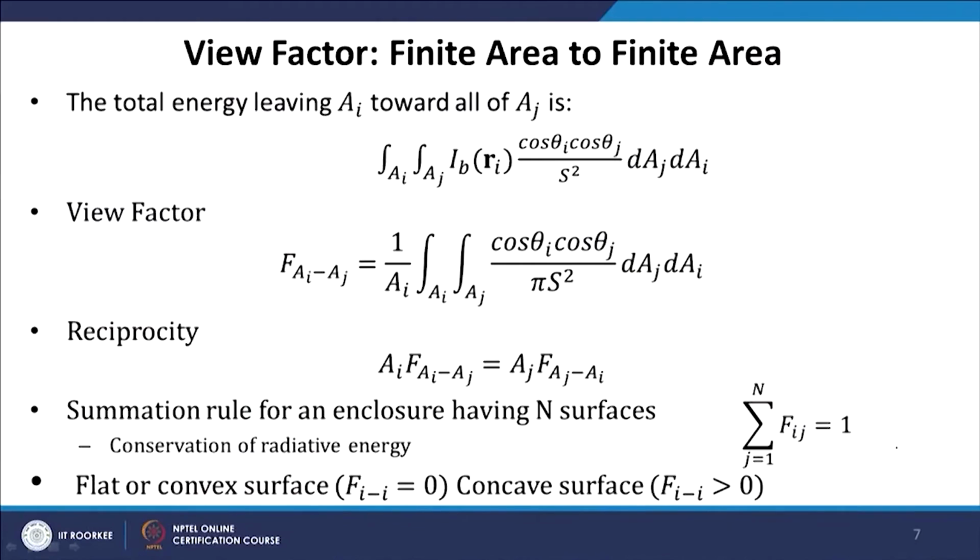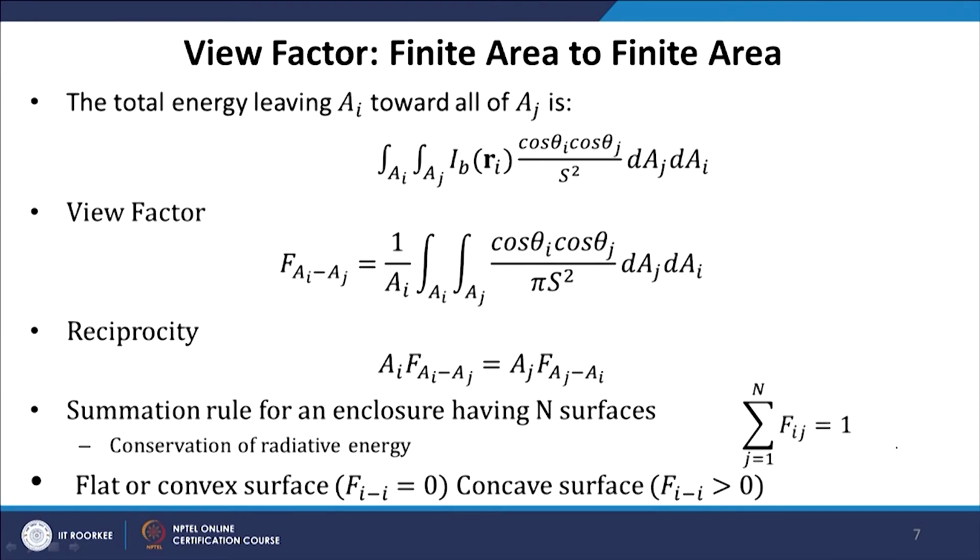Now, just like the view factors between an infinitesimal area and a finite area, we can calculate the view factor between two areas of finite magnitude. In the case where we calculated the view factor for an infinitesimal area, we just integrated over area dAj.